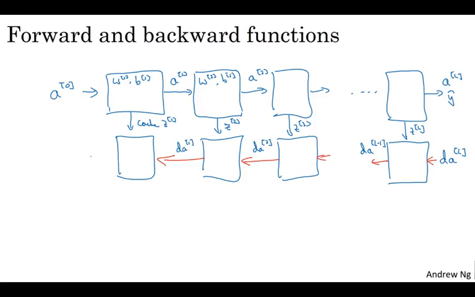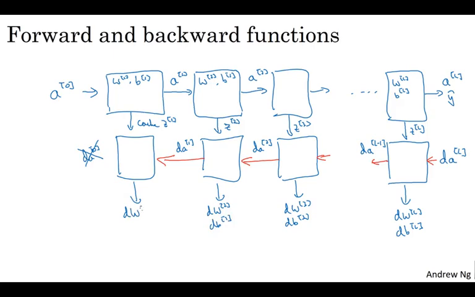You could actually get one more output to compute dA0, but this is the derivative with respect to your input features, which is not useful, at least for training the weights of these supervised neural networks. So you could just stop it there. But along the way, backprop also ends up outputting dWL, dBL, right? Just use the parameters WL and BL. This would output dW3, dB3, and so on. So you end up computing all the derivatives you need.